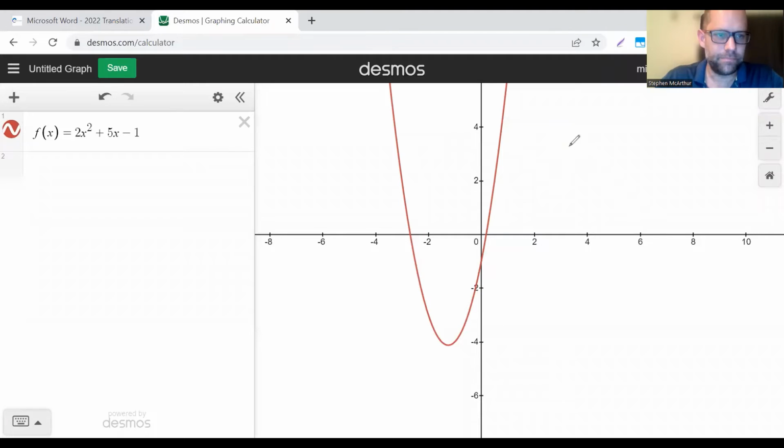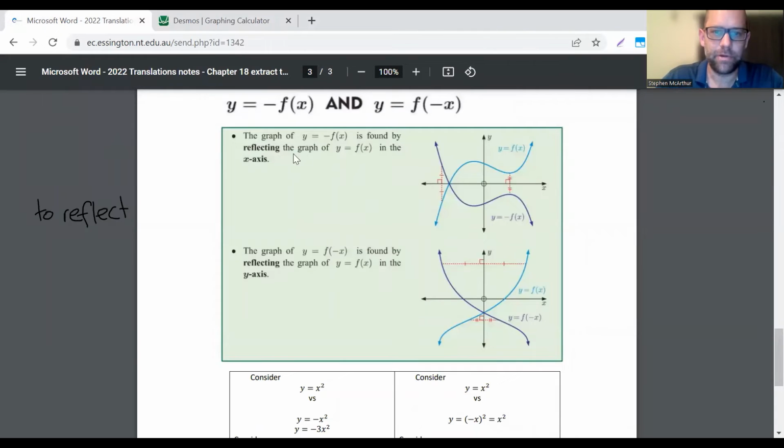Okay, so the rule says, let's just get our language correct. A reflection is found by reflecting y of x in the x-axis.